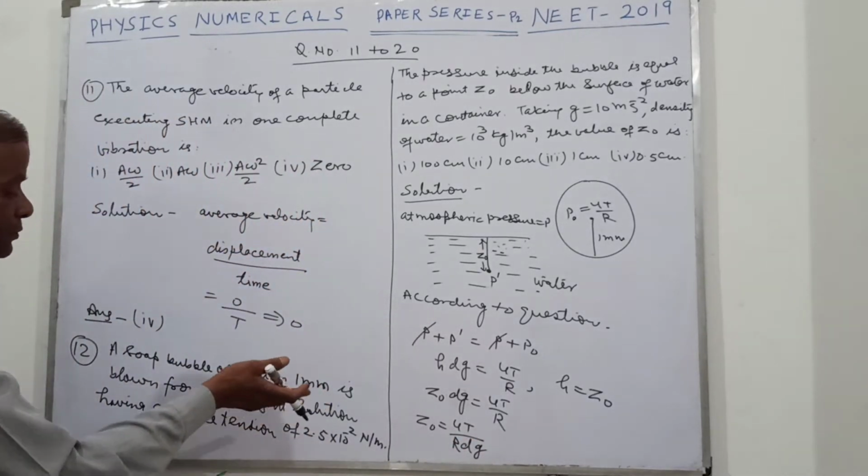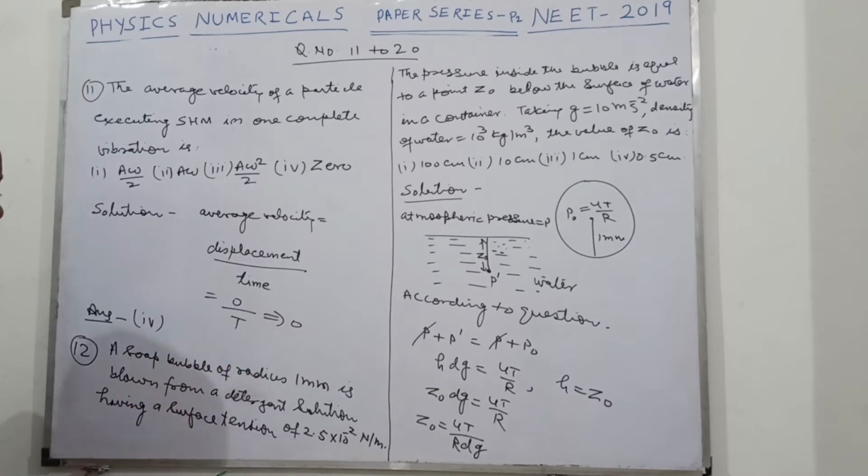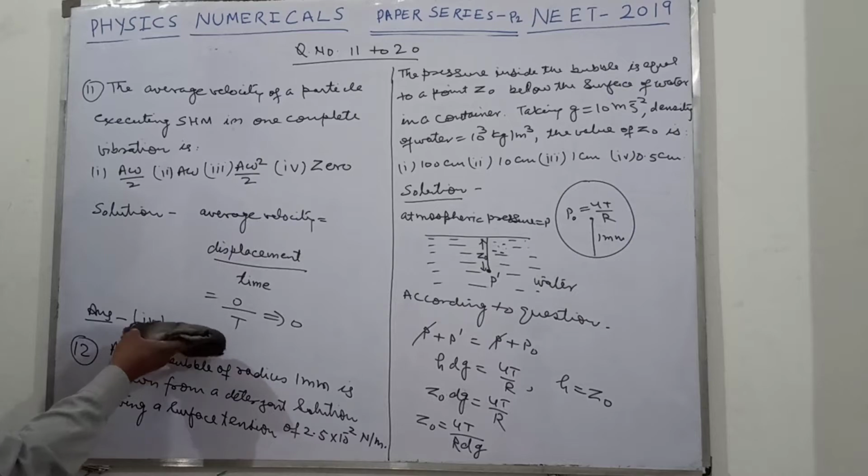Now you put the values given in the question and then calculate the value of Z naught.